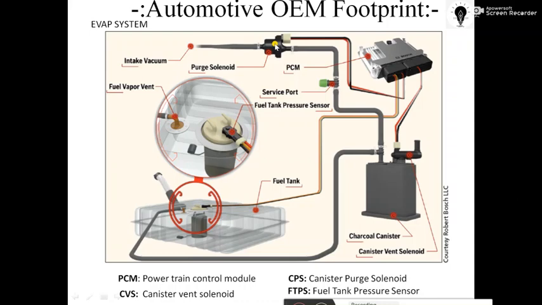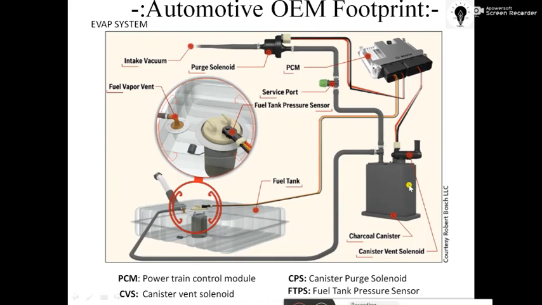Whenever the fuel feed system is supposed to send a rich supply, that needs to be conveyed by the fuel feed system to the evap system. This is called integration, integration of two separate systems. So here the evap system communicates with the fuel feed system. We need this to control the emission.